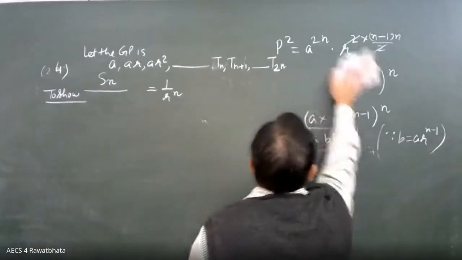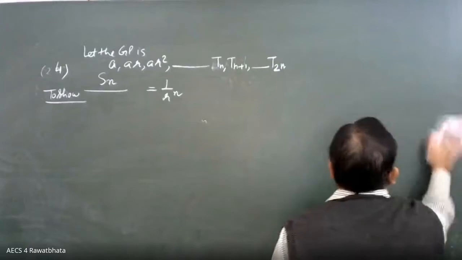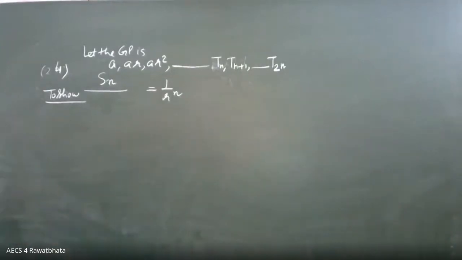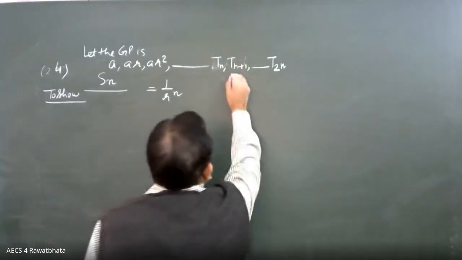What should be the sum of n plus 1th term to 2nth term? ये कैसे लिखें आयुष? इन टर्म्स का सम कैसे लिखूं मैं?